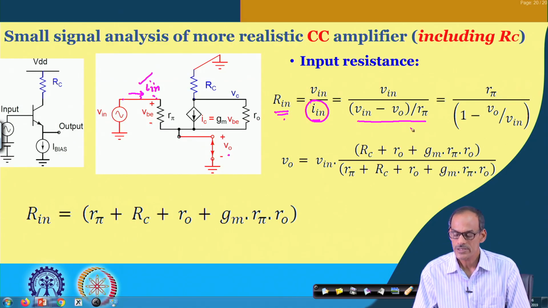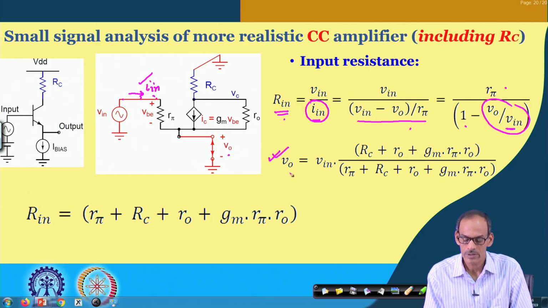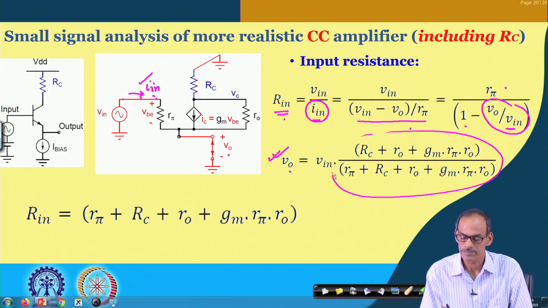Probably you can rearrange this equation, namely we can write in this form R pi divided by 1 minus V naught divided by V in. The expression of V naught by V in, which is the voltage gain, we already have seen, V O divided by V in is essentially this part.